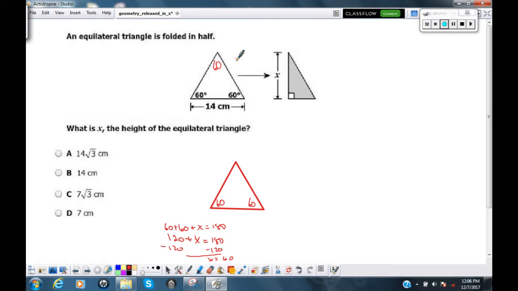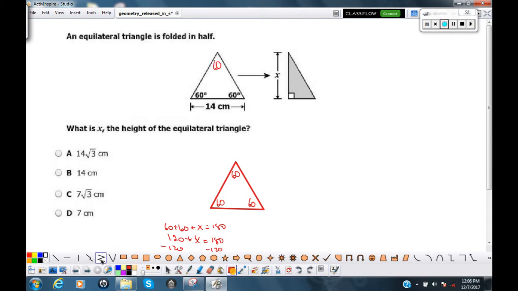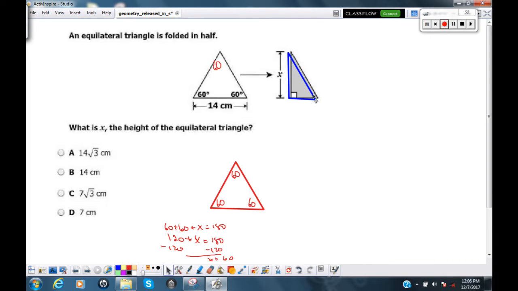Since I know it's a 60, 60, 60 triangle, they then cut this piece of the triangle out. So I'm going to show you where they got this from. They took half of it right there.